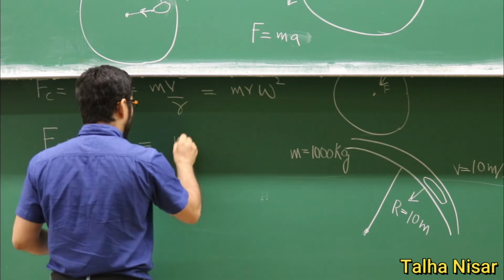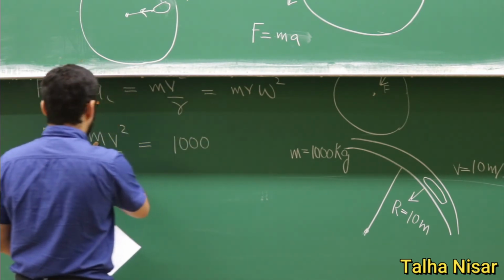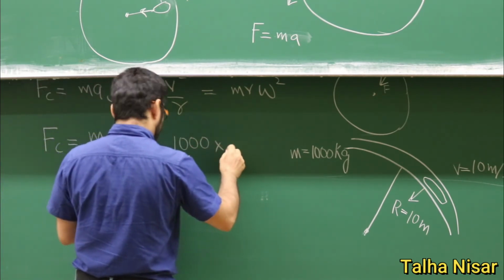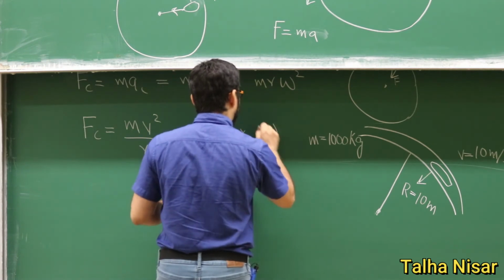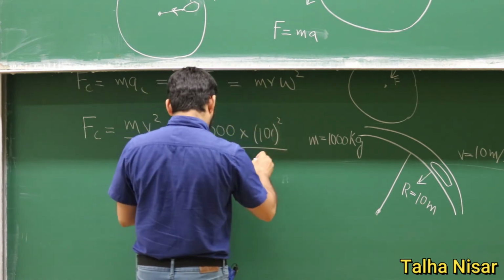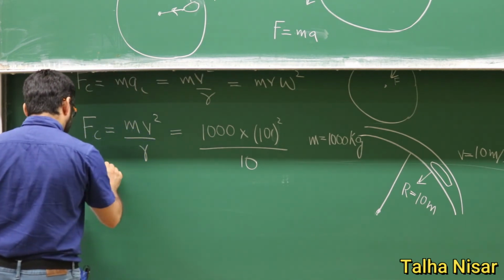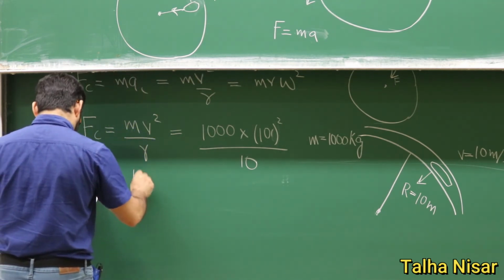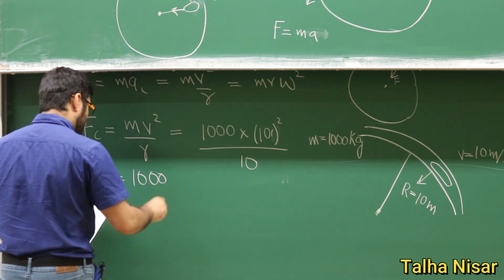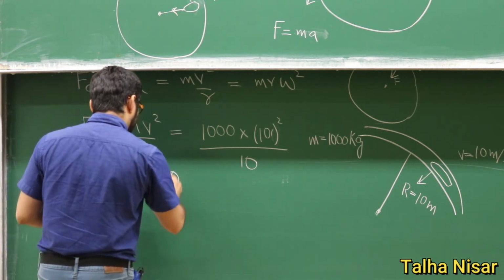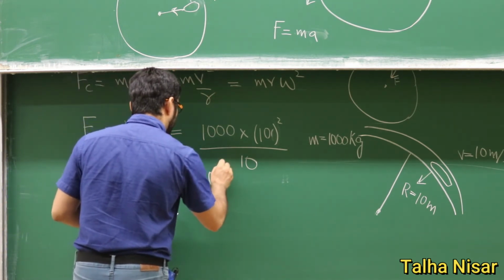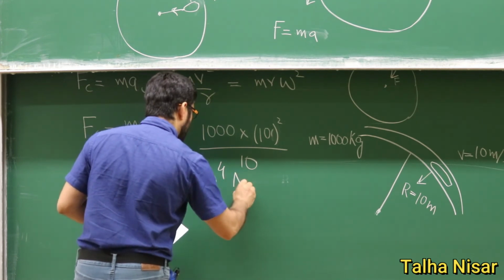If we put in these values, 1000 multiplied by 10 squared divided by 10, since the radius is 10 meters, this force is equal to 10 raised to the power 4 newtons.